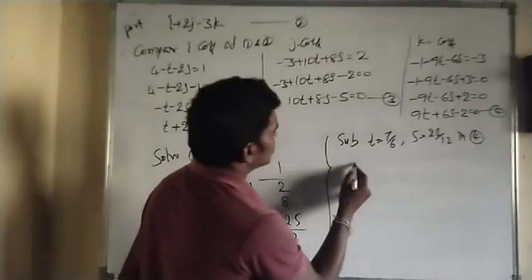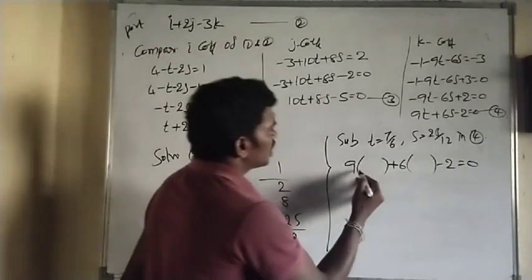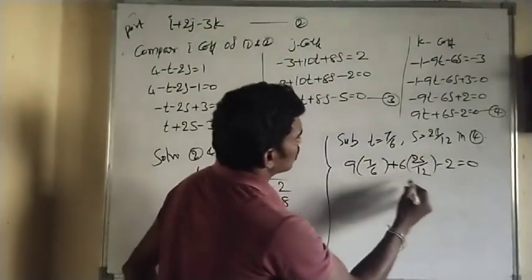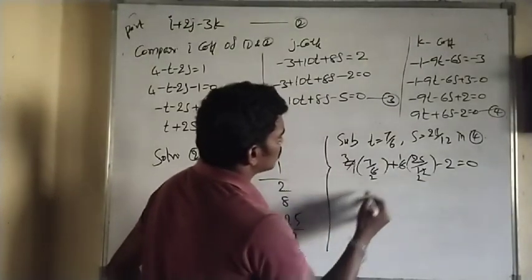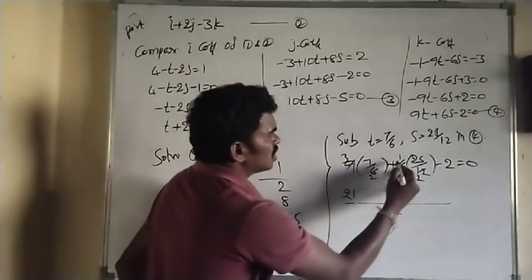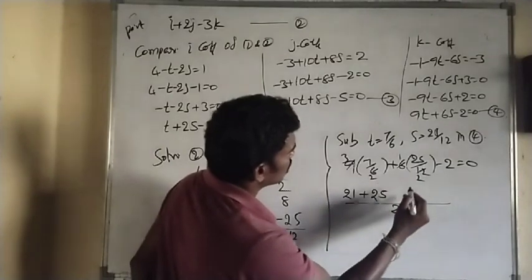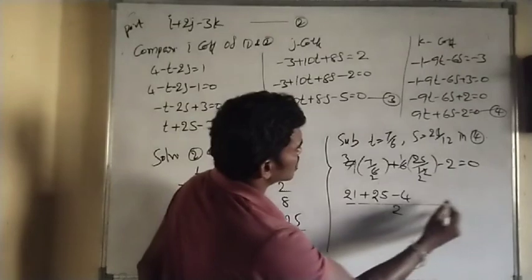So 9 into t plus 6 into s minus 2, where t is 7 by 6 and s is 25 by 12. We can cancel. LCM is 2. 3 into 7, 21, plus 1 into 25, 25, and 2 into minus 2 is minus 4.